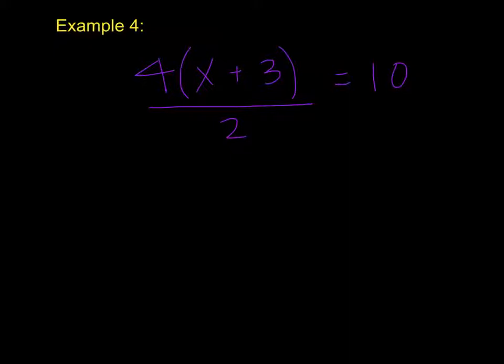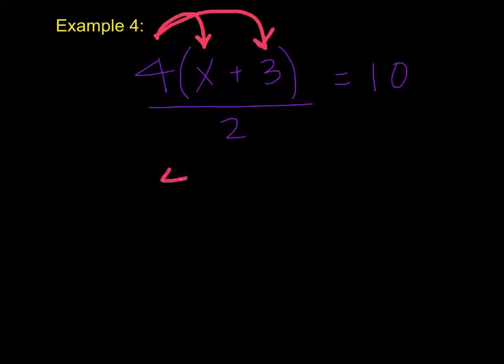Example 4 is a little tricky because it entails some distributing and some division before you have a two-step equation. So first, we need to distribute this 4 through the parentheses.